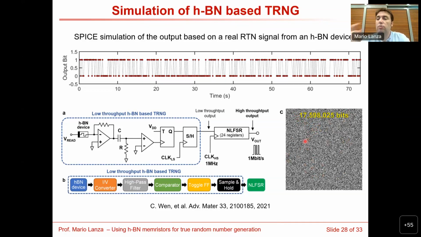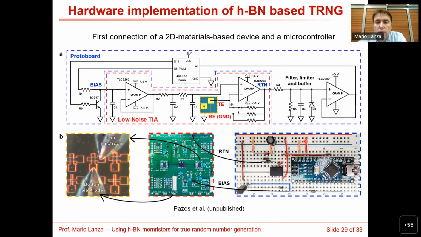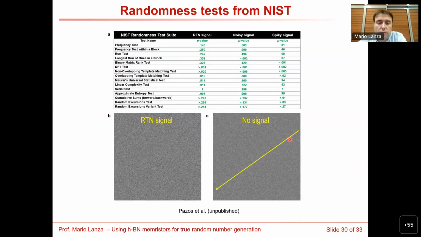Of course, doing this with your eyes is not something really accurate. So what we do is to run the randomness test from the National Institute of Standards and Technology from the United States. And we observe that we can pass all the randomness tests, and the chessboard passes all the randomness tests.